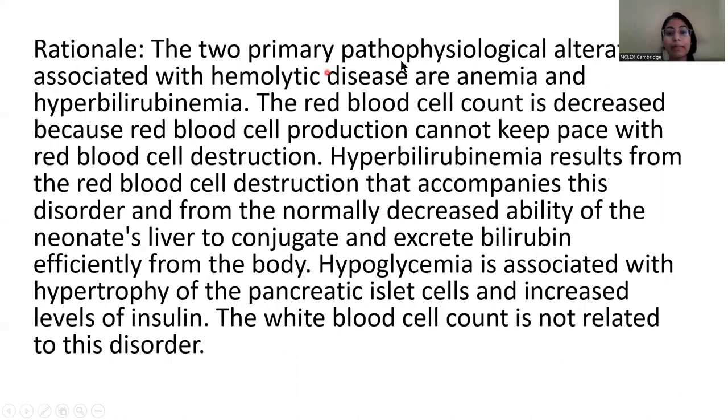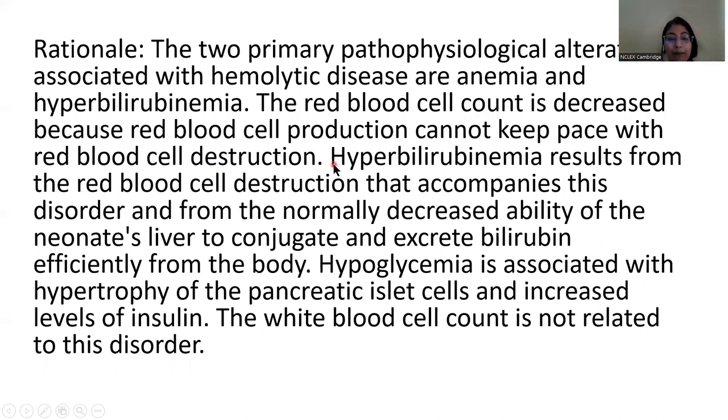The two primary pathophysiological alterations associated with hemolytic diseases are anemia and hyperbilirubinemia. So when there is hemolytic disease, there will be anemia due to low red blood cell count, and hyperbilirubinemia. Why hyperbilirubinemia? Because RBC production is decreased, and RBC production cannot keep pace with the RBC destruction.